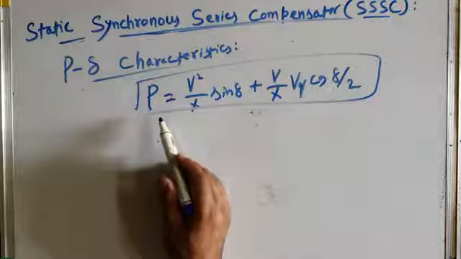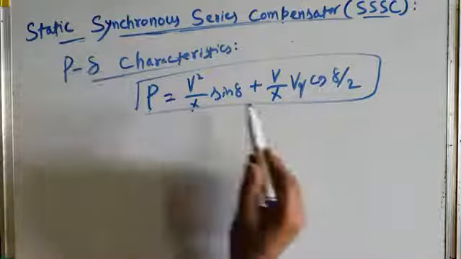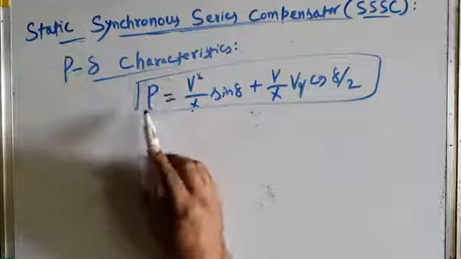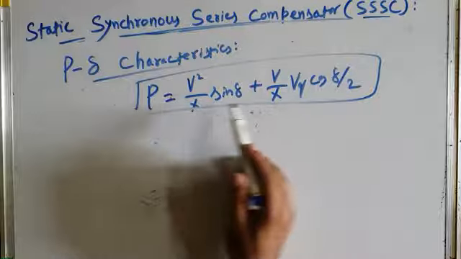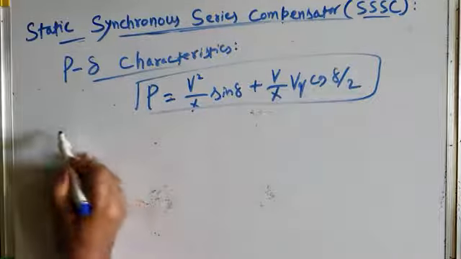Now we can draw the P delta characteristics, and we can show P as a parametric function of VQ, something like this.